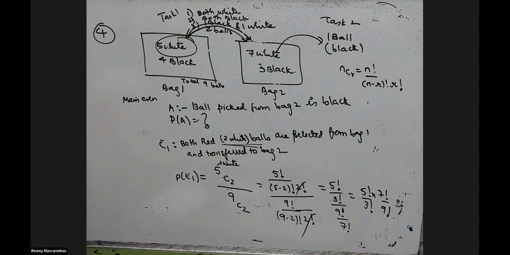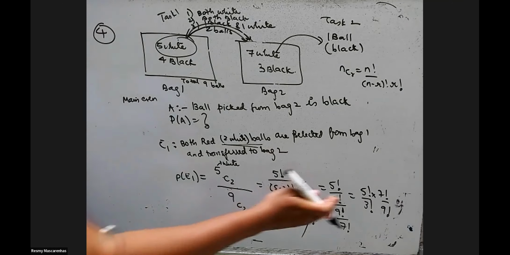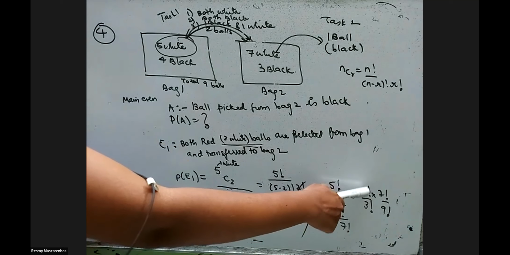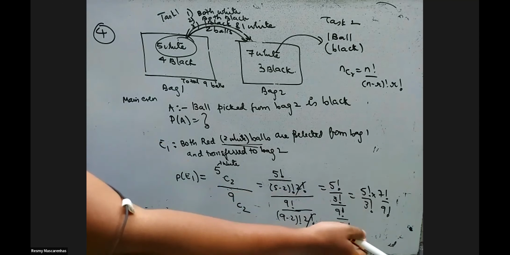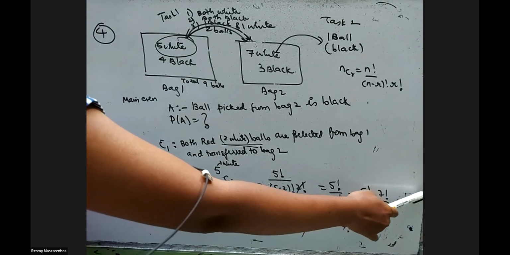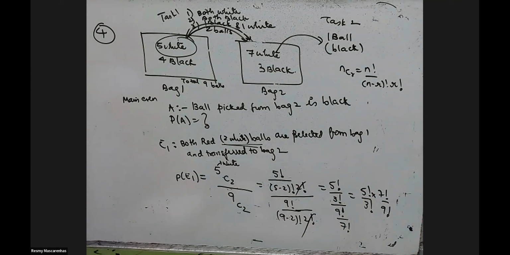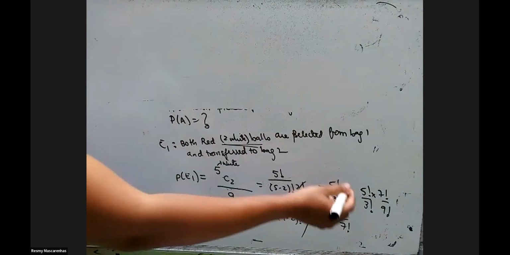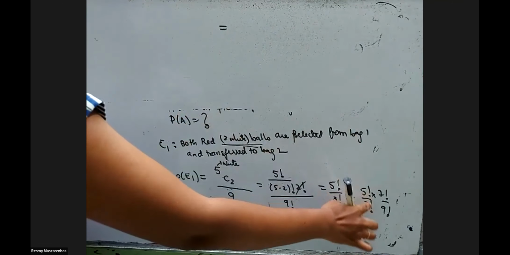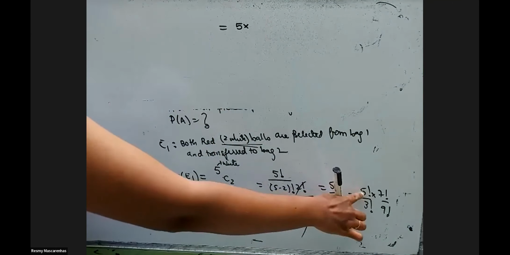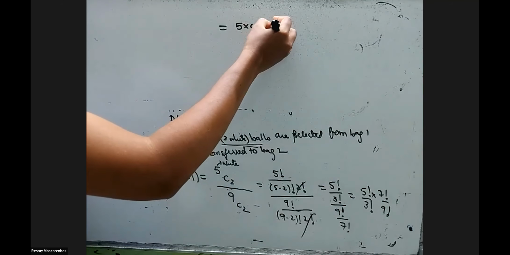Now for factorials, we should know that factorial is nothing but you have to go on expanding that number. 5 factorial is 5 into 4 into 3 into 2 into 1, till you reach 1. Same thing, 7 factorial will be 7 into 6 into 5, that we had done in 11th standard. There's a shortcut which you can use to simplify rather than expanding the whole number. Out of these, the bigger number I have to start expanding. 5 factorial I can always write as 5 into 4 into 3 factorial.